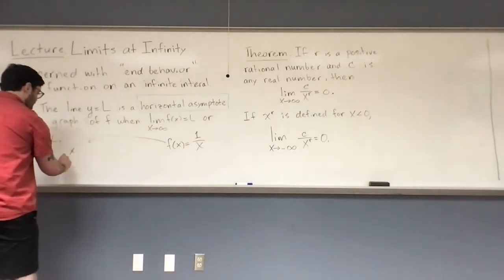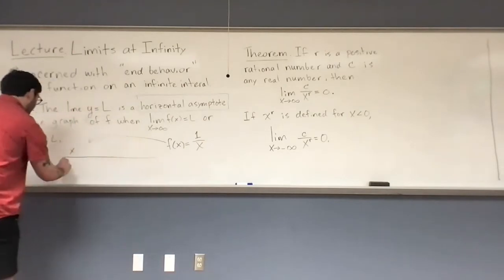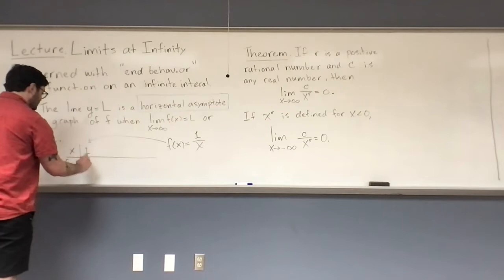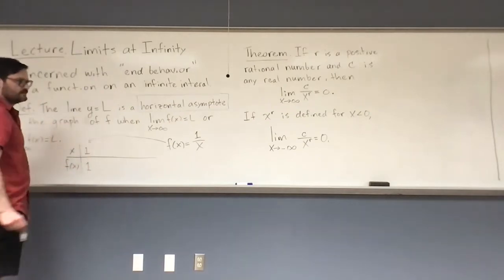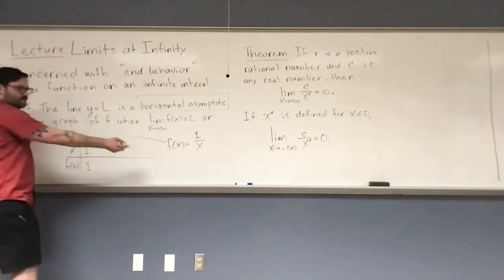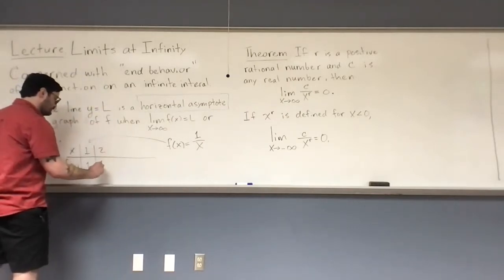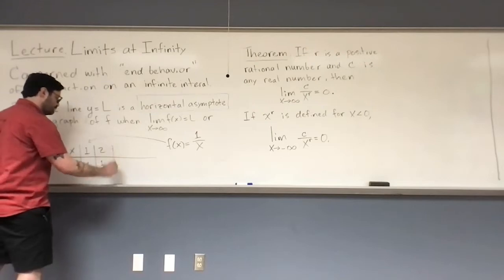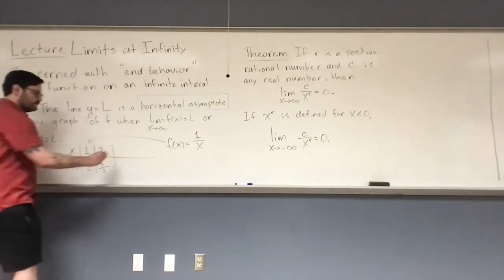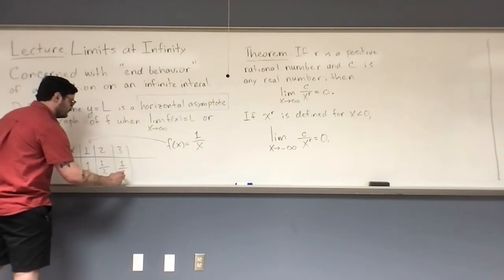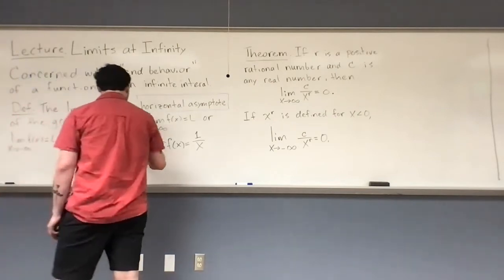So x is here, f of x is here. When x is 1, it's 1. When x is 2, it's a half. When x is 3, the function evaluates to a third. Dot, dot, dot. This goes on forever.